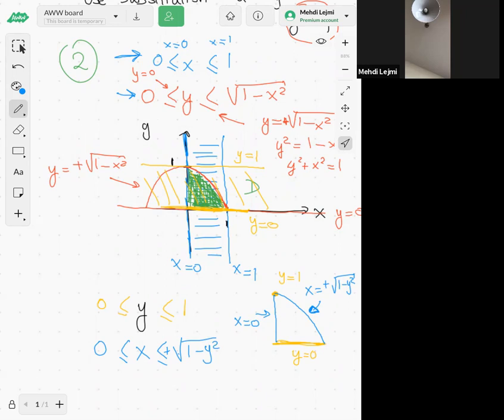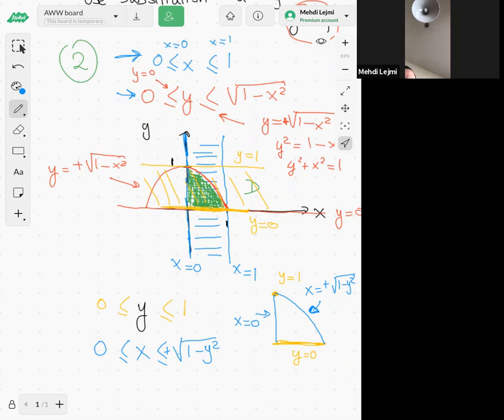Does it make sense to you how I got the new bounds when I changed the order of integration? Is there any question? I know it's sometimes kind of confusing, but I think the best way to do it is just as I did. Let's say you start with y, so we have to find the constant bounds for y. For this region, y is between 0 and 1.